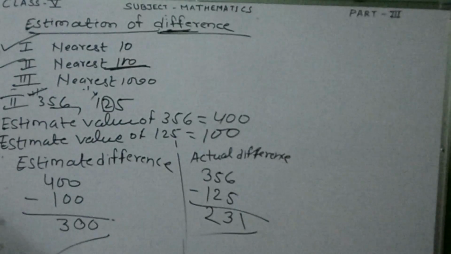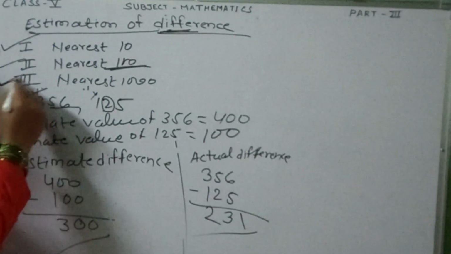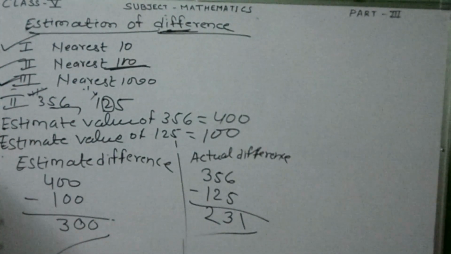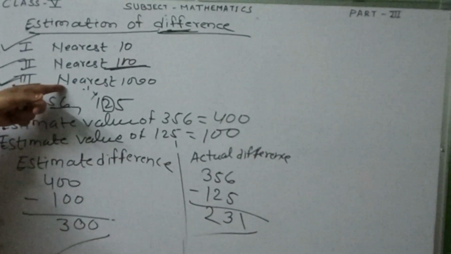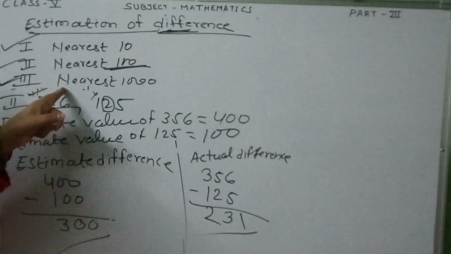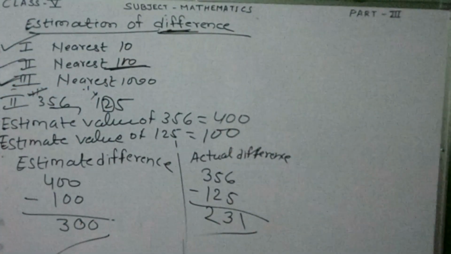Now the next part is the nearest 1000. One example I will take: estimate difference or rounding to the nearest 1000.